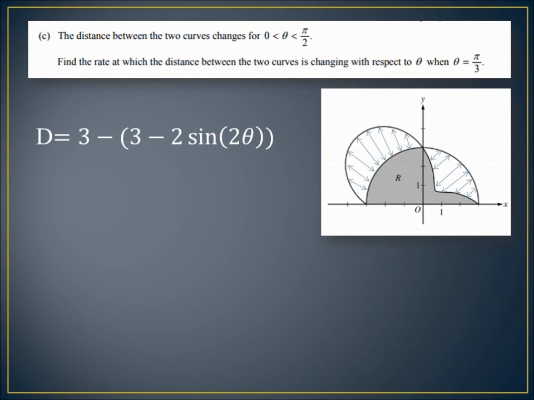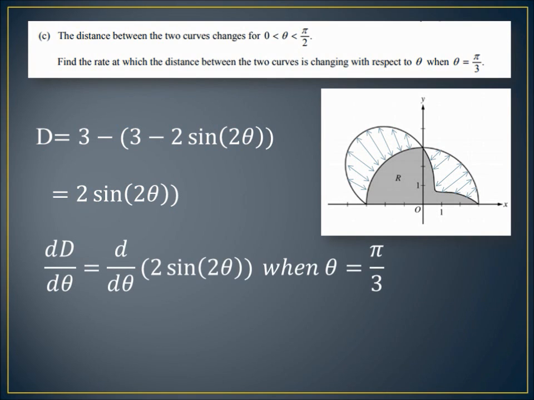So 3 minus, in parentheses, 3 minus 2 sine 2 theta, which just gives us 2 sine 2 theta. And the rate at which the distance is changing can be found by the derivative. So we just take the derivative of 2 sine 2 theta at theta equals pi over 3. Plug that into our calculator, like always, and we get d/d theta equals negative 2.